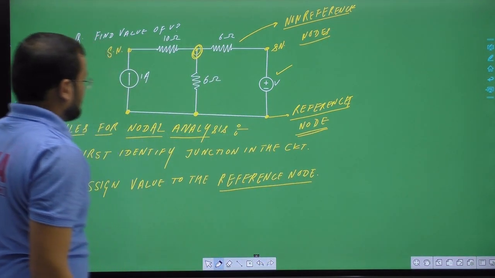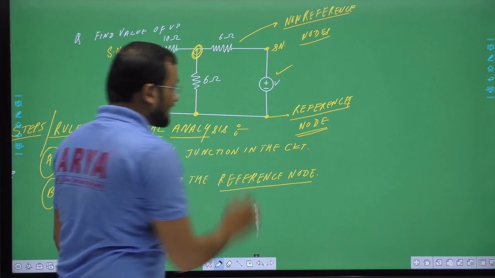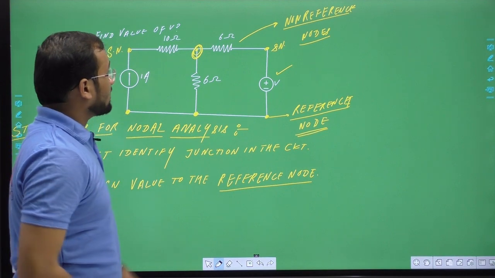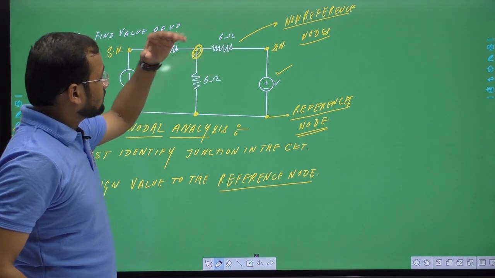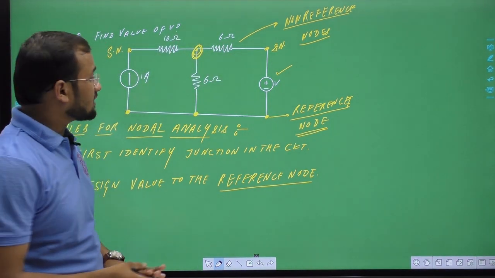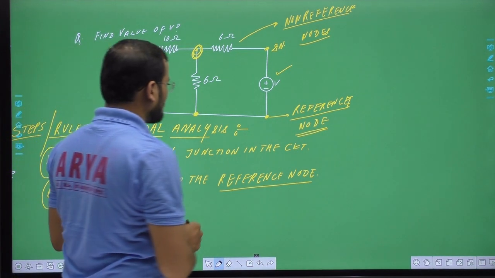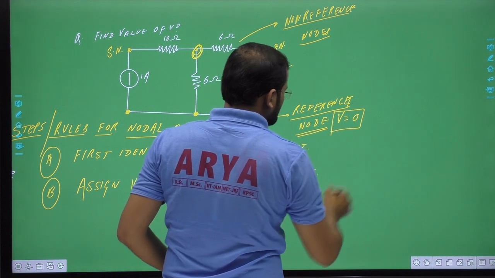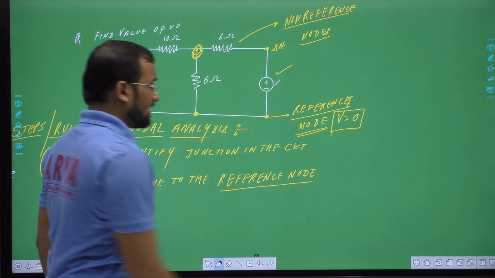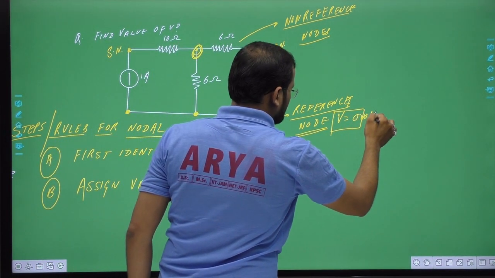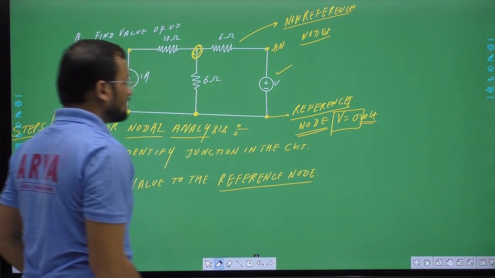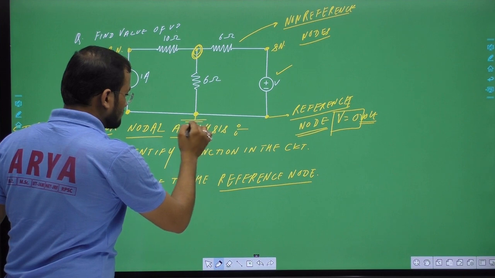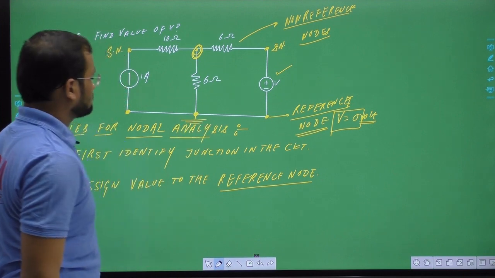So first we assign a value of voltage to the reference node, and then find the voltages at the non-reference nodes with respect to it. Generally we assign the reference node a value of 0 volt, and we call it ground.